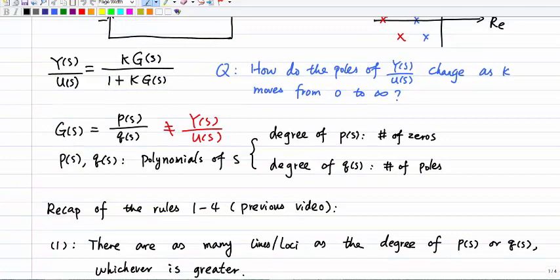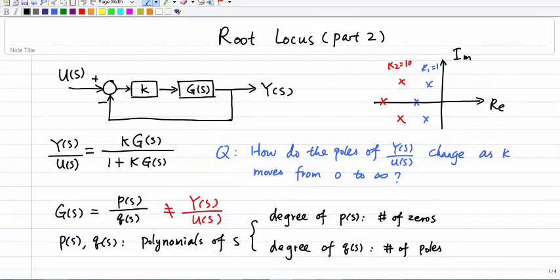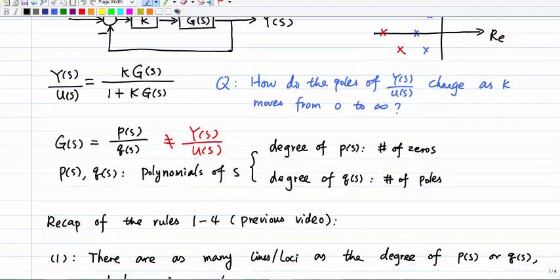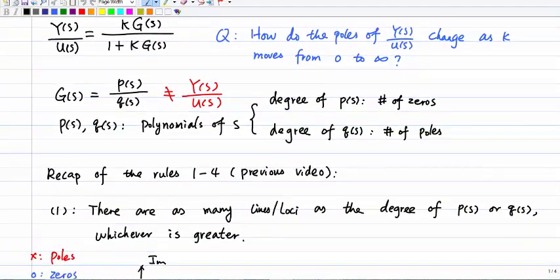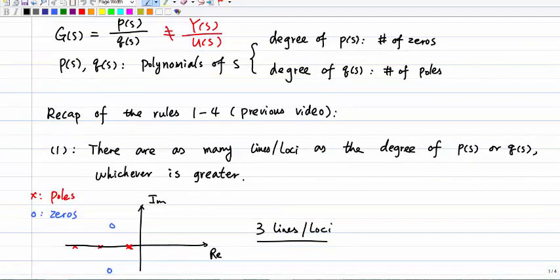In the previous video, I talked about the first 4 rules in the plotting of the root locus. Here's a brief recap of these 4 rules, and the details are given in the previous video. The first rule says there are as many lines or loci as the degree of P(s) or Q(s), whichever is greater.